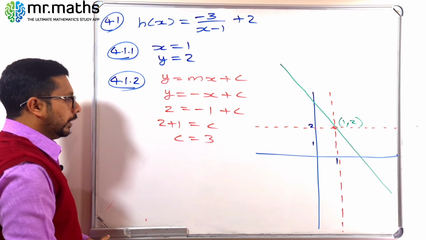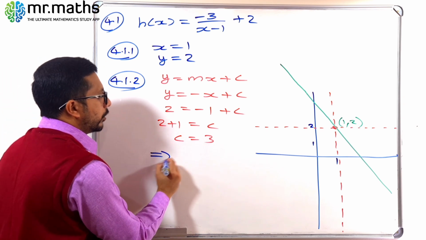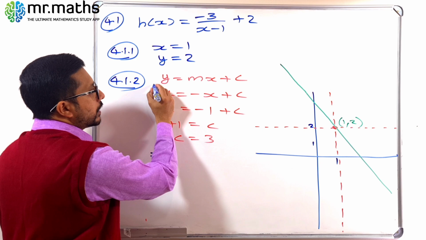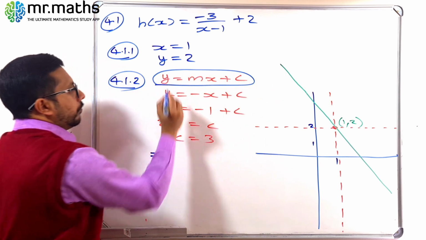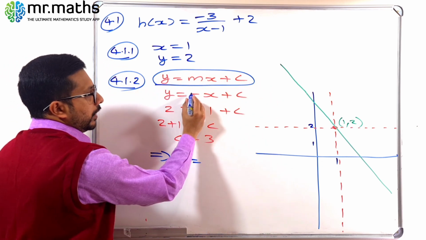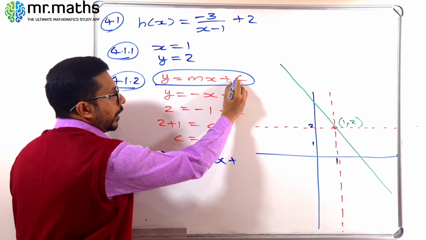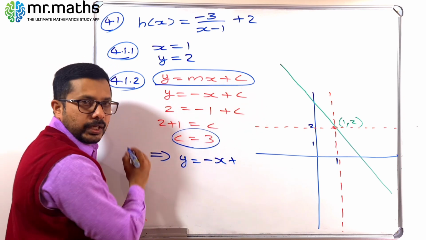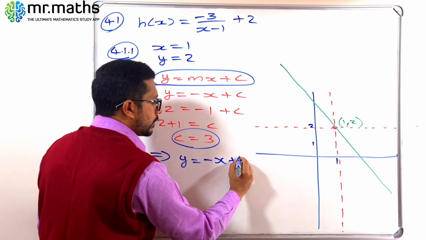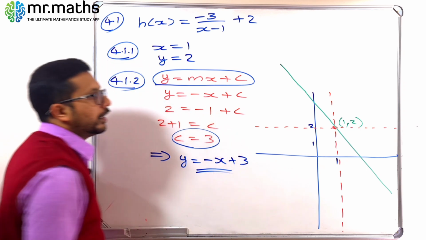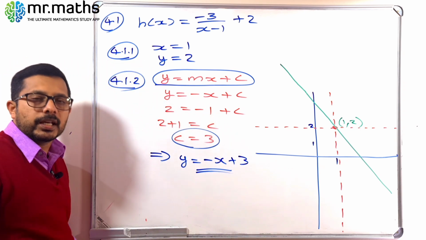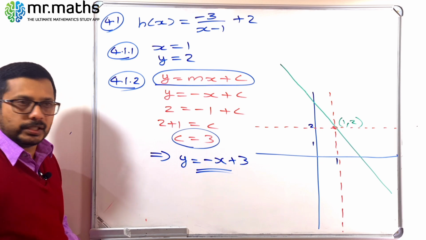So what is the equation now? y is equal to minus x, where m is -1, plus the value of c we got, 3. So y is equal to minus x plus 3, and that is the equation of the axis of symmetry having negative gradient.